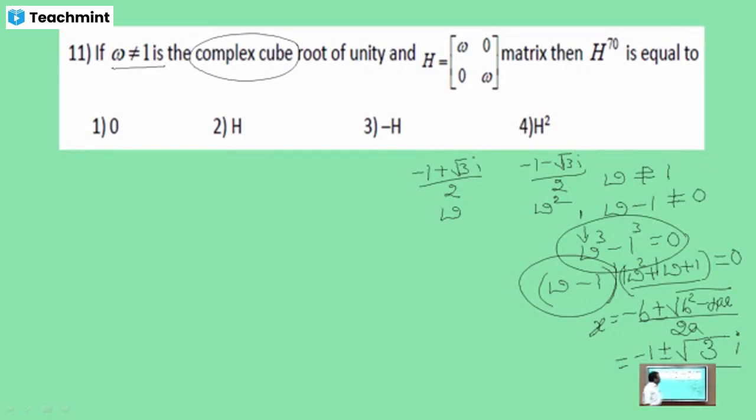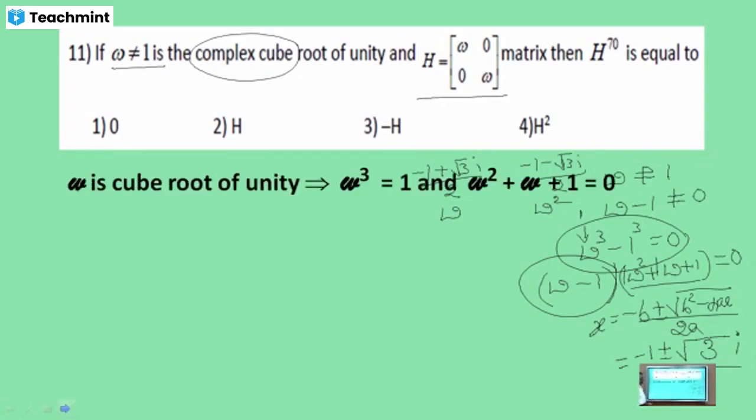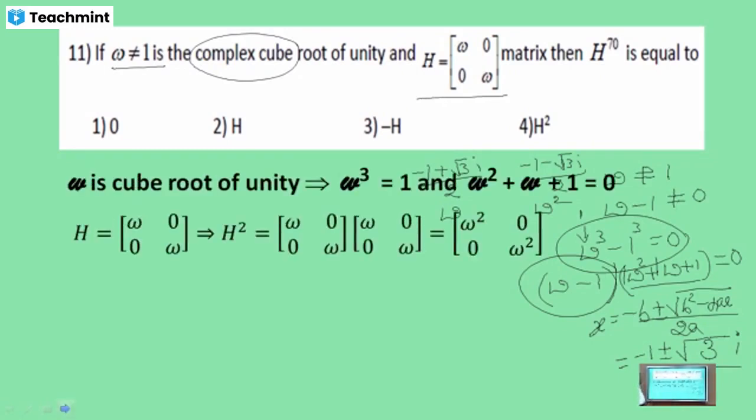To get that cube, the matrix is given as H equal to omega 0 0 omega. So in the first step, I find what is H square. When I calculate H square, H into H, I am getting the matrix as this one.